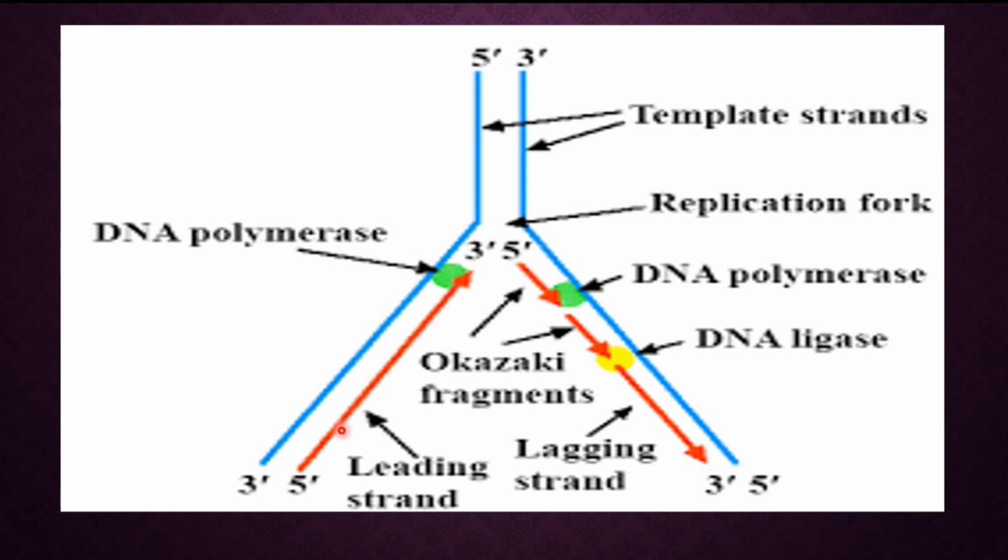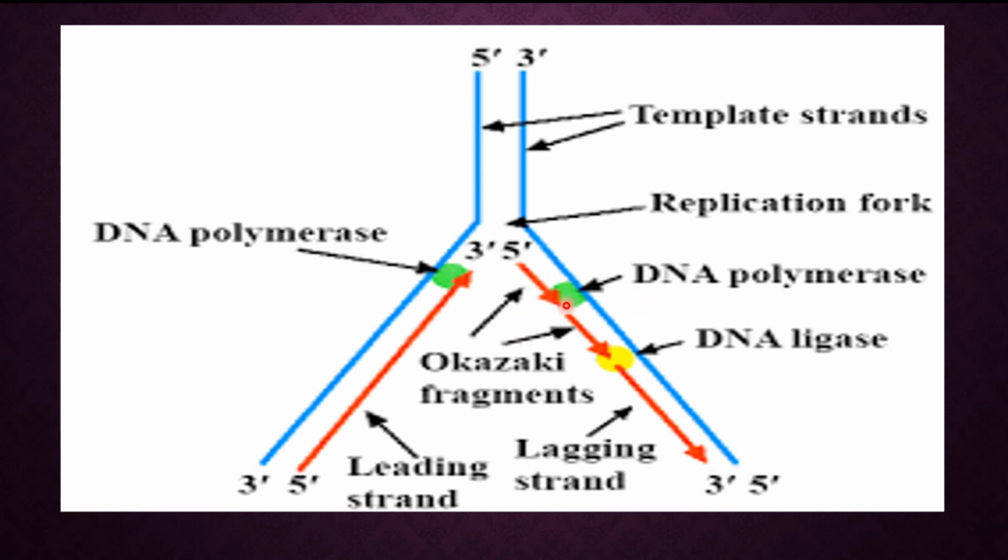The newly formed strand proceeding from the 5' end on this leading strand is in a continuous manner and at a faster rate. Faster rate means the strand formation is happening very fast. So that's why this strand is called the leading strand.